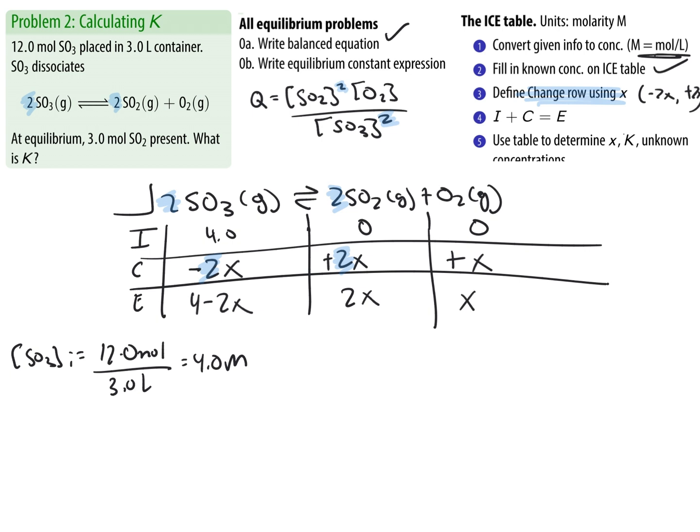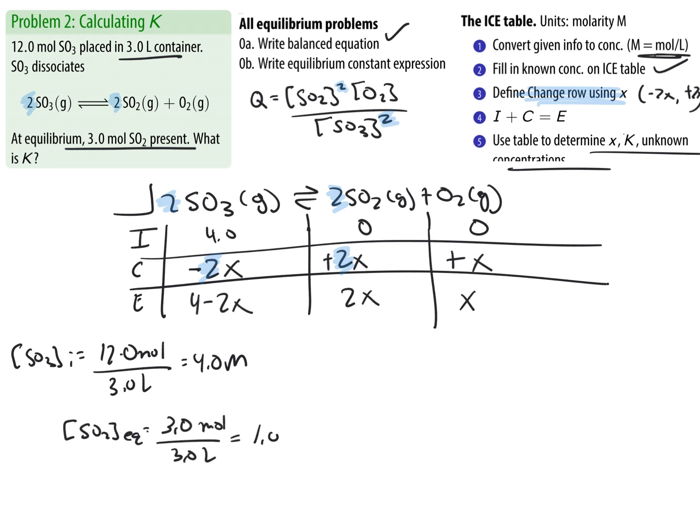Now I'm at that last point of using the table to determine x, or any of the unknown concentrations. So let's look at the other information we were given. At equilibrium, there's 3 moles of SO2 present. Since the volume of the container is 3 liters, that tells me that SO2 at equilibrium is 3.0 moles divided by 3.0 liters is equal to 1.0 molar.